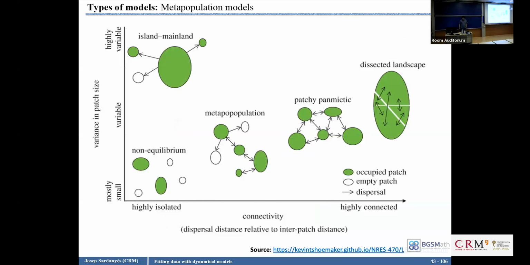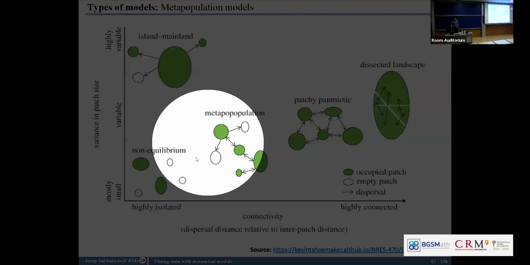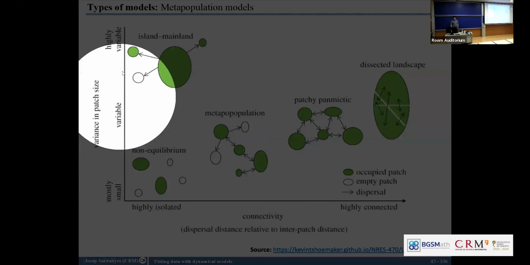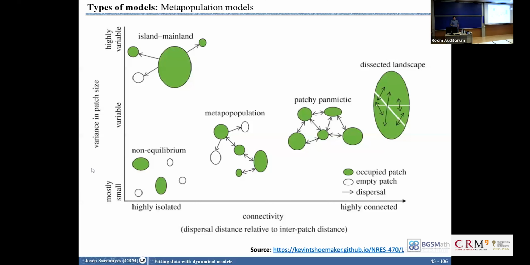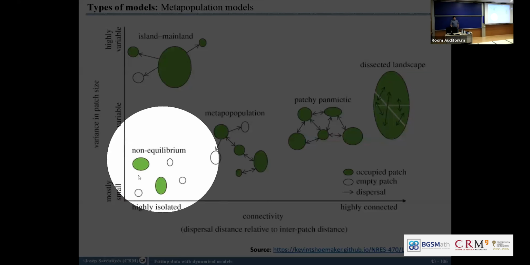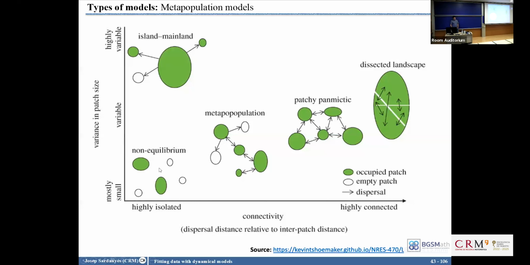This is a diagram with two axes: the degree of connectivity, and the variance in patch size, because there are a lot of different metapopulation models. We have highly isolated, mostly small patches. It's called non-equilibrium, in which we have independent subpopulations, each with its own dynamics.